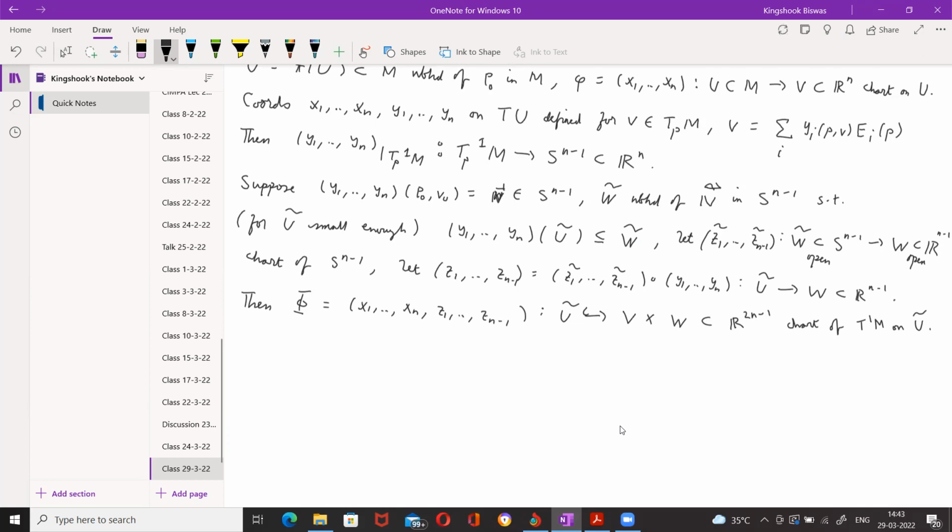Okay. What I'm doing is I have U tilde inside T1n. Then I'm applying X comma Y. That maps into V cross S^(n-1) inside of Rn cross Rn.